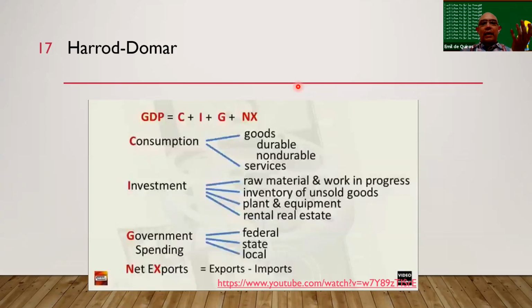Investment, on the other hand, is what the private sector, think corporations, buy in terms of inventory and durable goods like machinery, heavy equipment, buildings, factories, etc. That's why it's called investment: things that you invest on that will produce something else, which you can sell later.